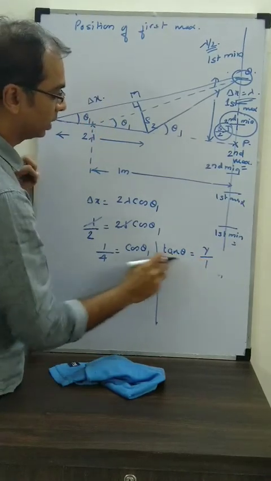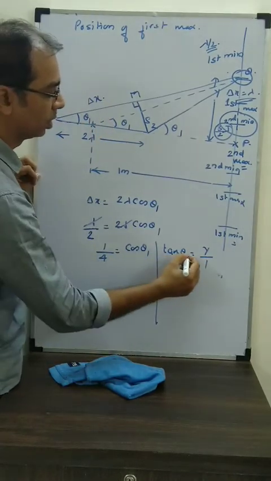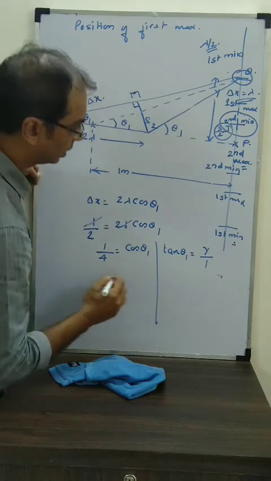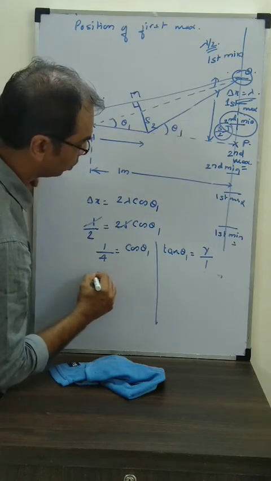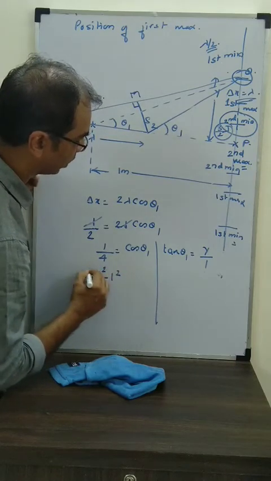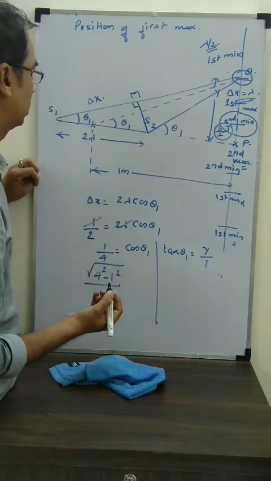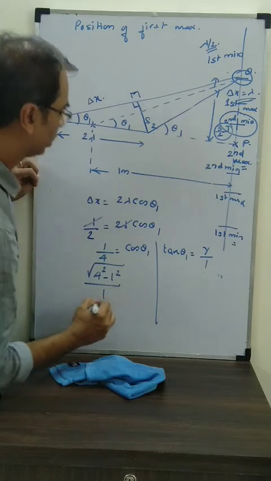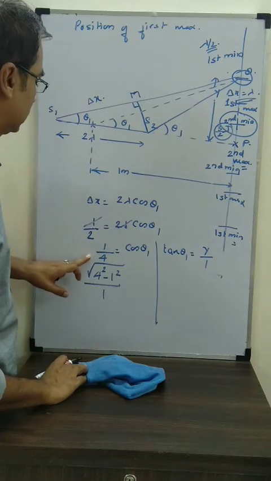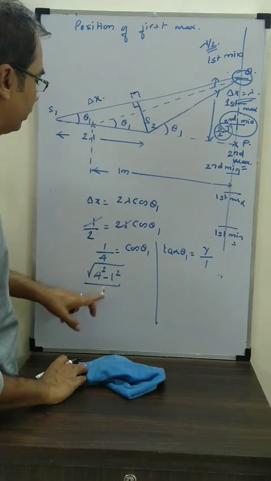So what will be tan theta? Cos theta value is 1 by 4. Then tan theta value will be root over 4 square minus 1 square by 1.